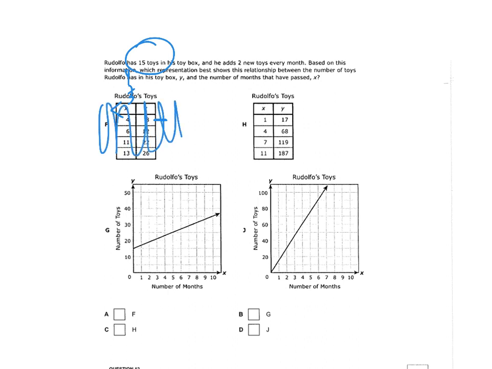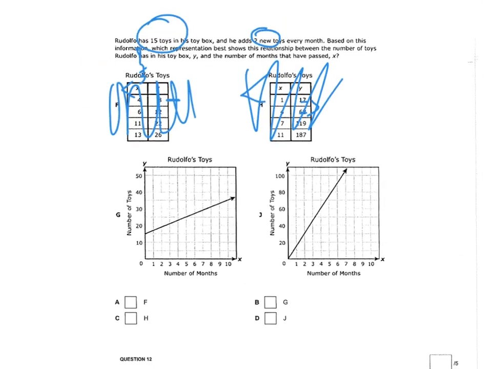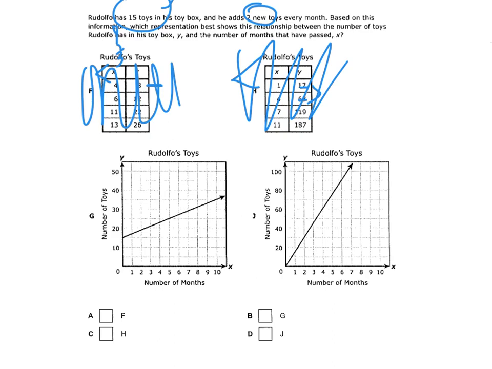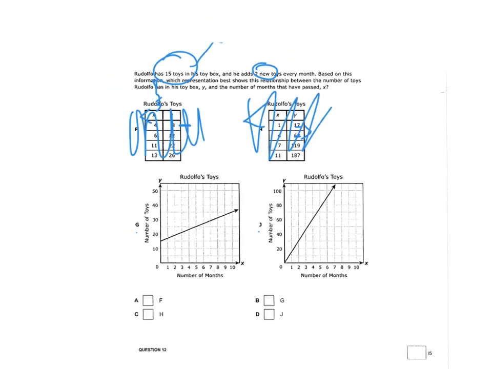That doesn't work. This one doesn't work either, because look at the change there. If the slope is 2, it wouldn't make sense for us to go from 17 to 68. That wouldn't work either. So between G and J, and if I know that it starts at 15, which one makes the most sense? We started with 15 toys, not with 0.